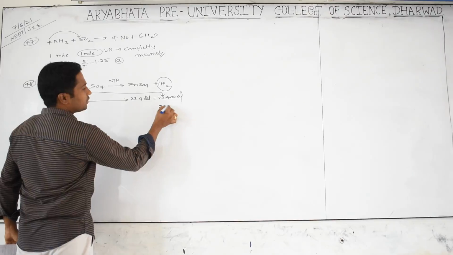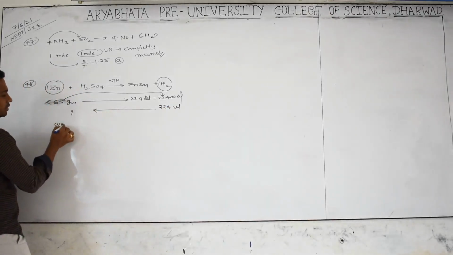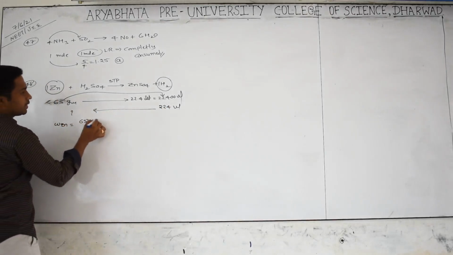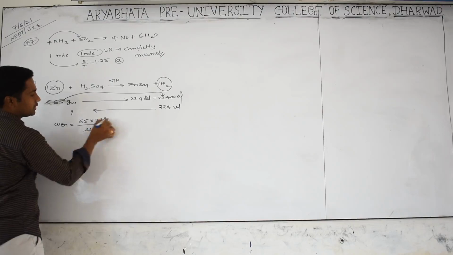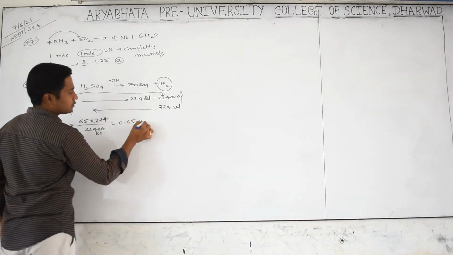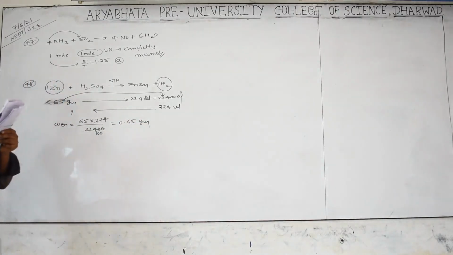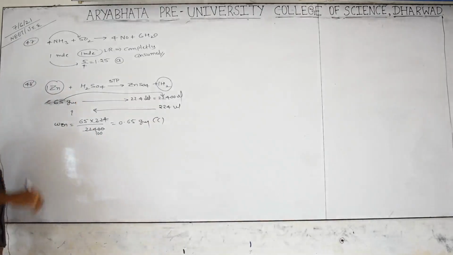Then the weight of zinc required is 65 into 224 by 22,400, which is 100 times less, nothing but 0.65 grams. So option C is correct. All of you understood? It's very simple.